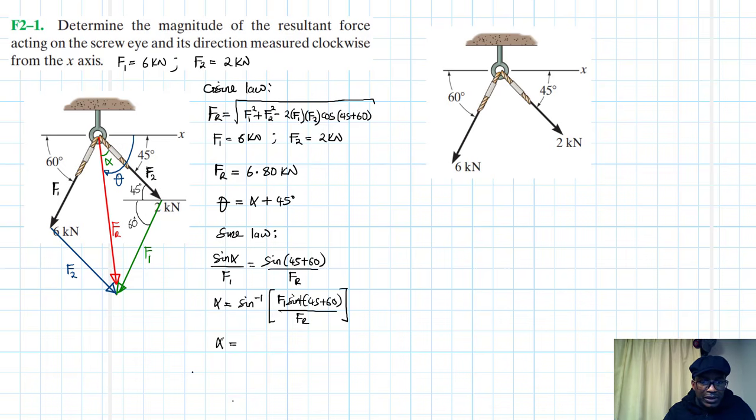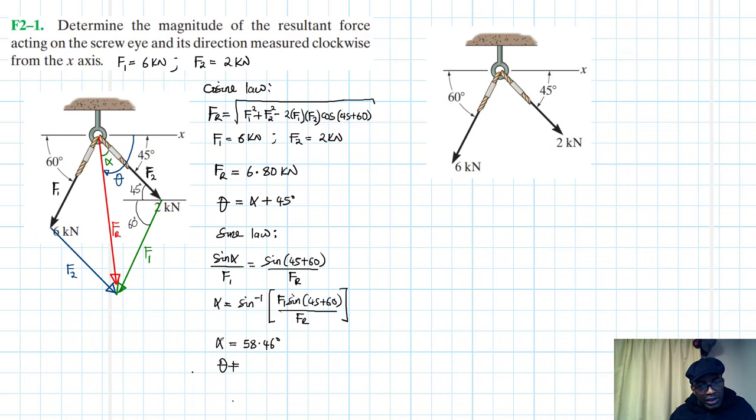So let's plug in. So we have F1 is 6 sine (45 plus 60) in brackets divided by 6.8. Sine inverse of that, we get 58.46 degrees.